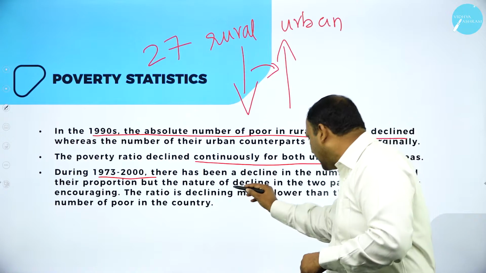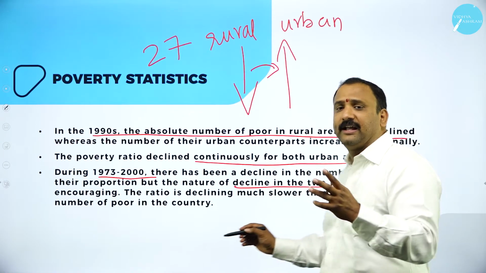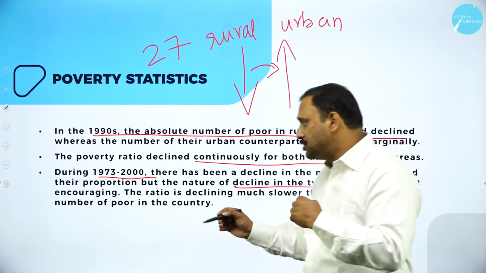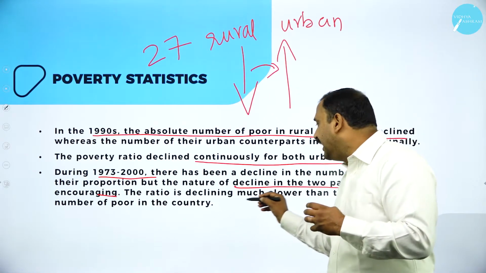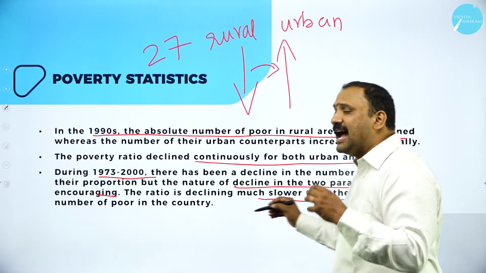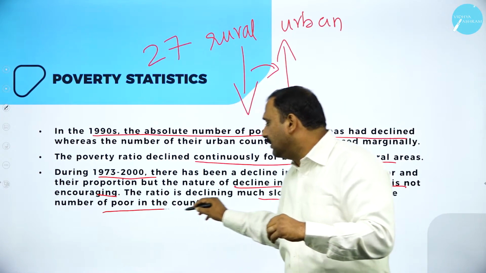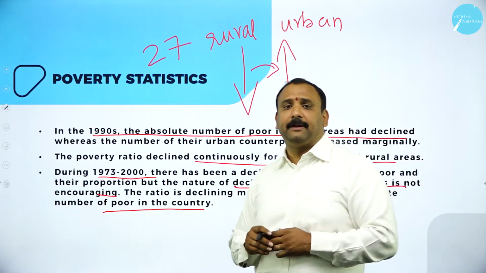But the nature of decline in two parameters is not encouraging. There are two parameters which we need to understand here. The ratio is declining at a much slower rate than the absolute number of people who are poor in the country.